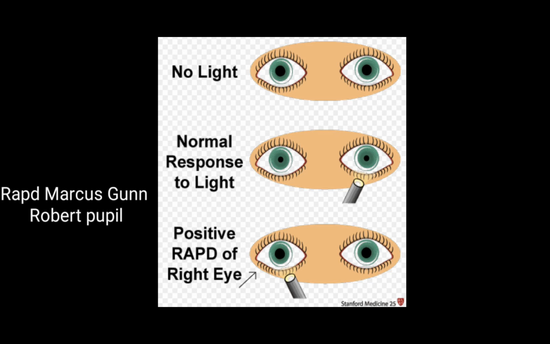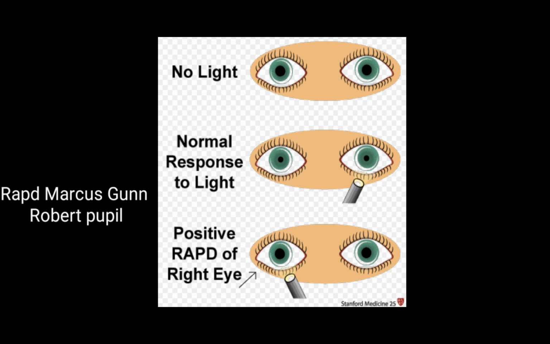Then this last image is of RAPD, relative afferent pupillary defect, also known as Marcus Gunn pupil. Here, when no light is shown, the pupils are equal. When the light is shown on the normal eye, the pupils will contract.